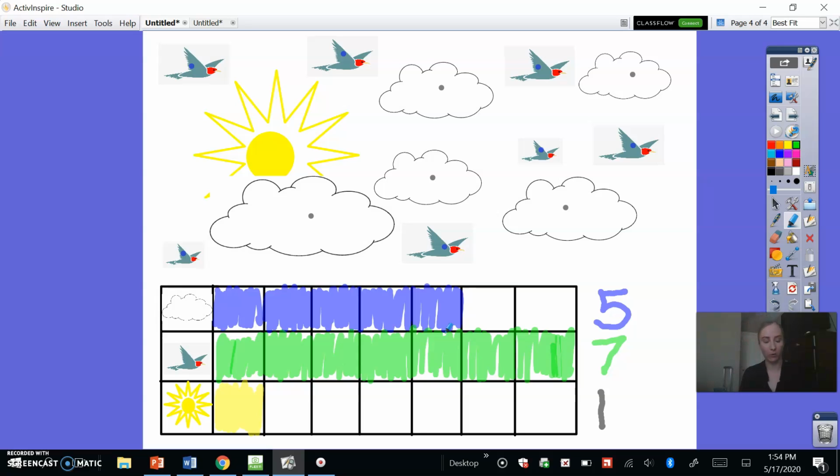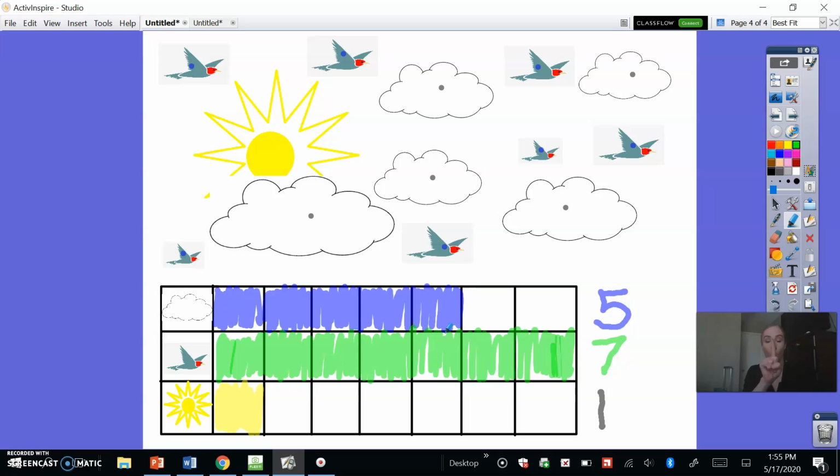So when I look at my graph, I notice a couple things. I notice which one has the greatest amount, or the most, and I notice which one has the fewest amount, or the least, and I notice which one's in the middle. So right now, just look at it with me. Oh, I got some in my eye. Which object in the sky do you think has the least amount, the fewest?